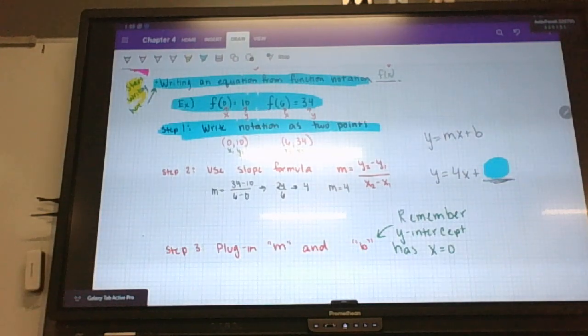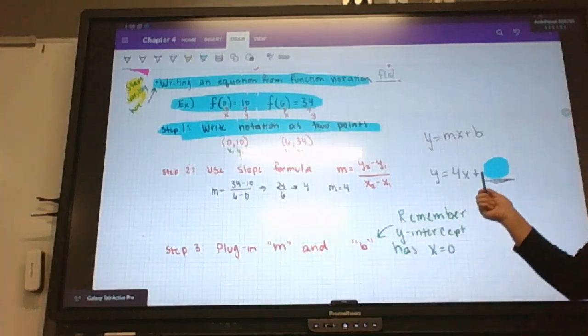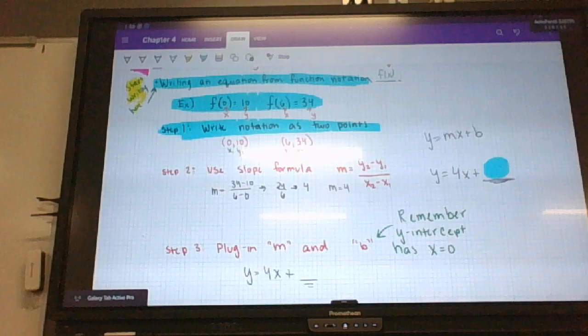So after you use slope formula, your third step is to plug in the m and the b. You're going to have to use some problem solving. Sometimes they're going to flat out tell you b, and sometimes you're going to have to figure it out like we did in the table. Does anybody know what b is right now? 10. 10. Good job.